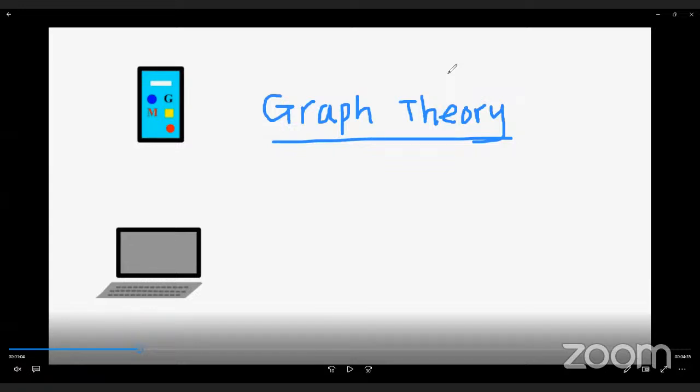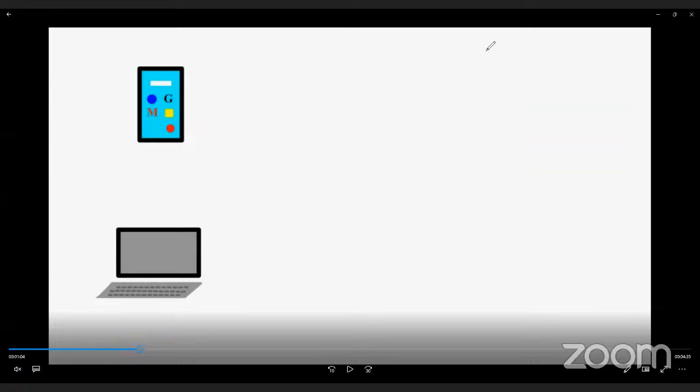Actually, I had a photo from when I attended a conference on graph theory in the United States, and there were a lot of participants.